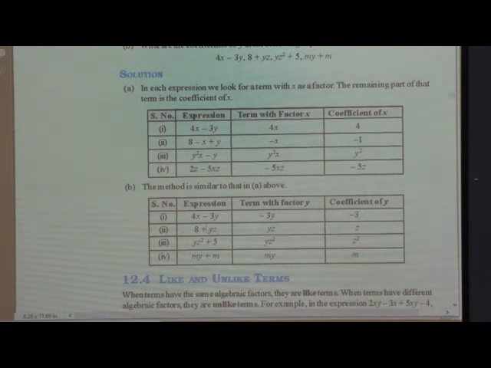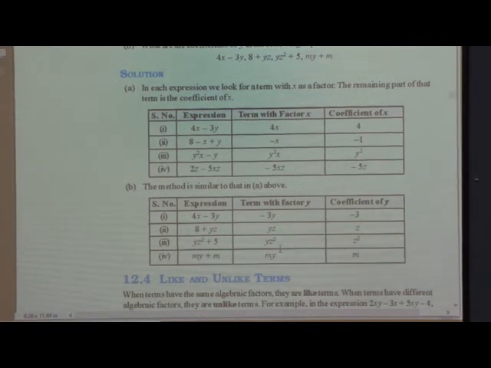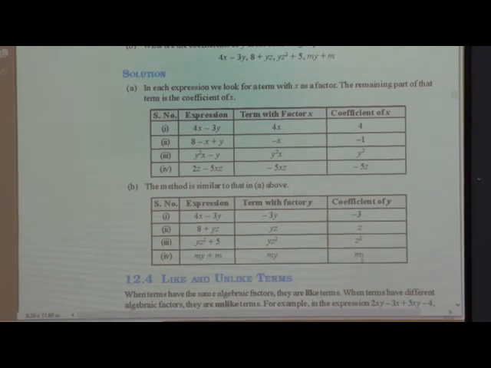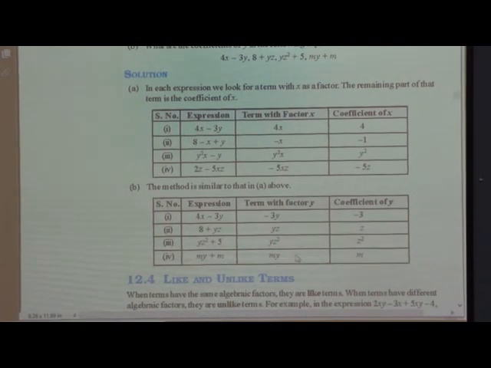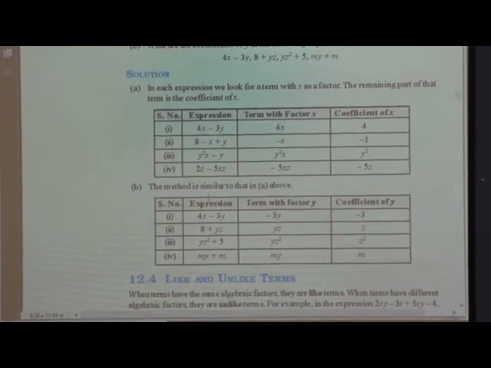The term yz has coefficient z. The term yz square has coefficient z square. The term my has coefficient m. In this way we know the coefficients of terms and factors in the expressions given to us.